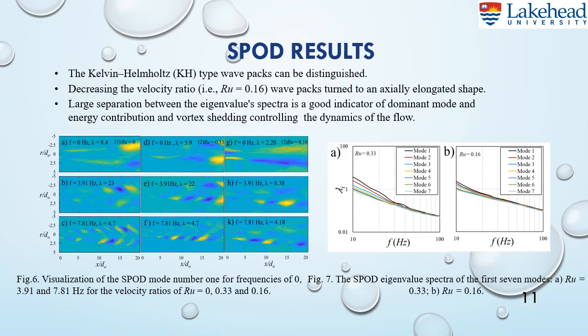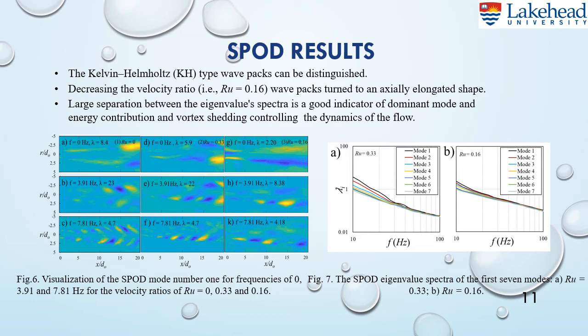So here are the SPOD results. It's performed based on the 1500 high-speed snapshots with 256 as the size of the data blocks, and 50% overlap. As can be seen from figure 6, the Kelvin-Helmholtz type wave packets can be distinguished.